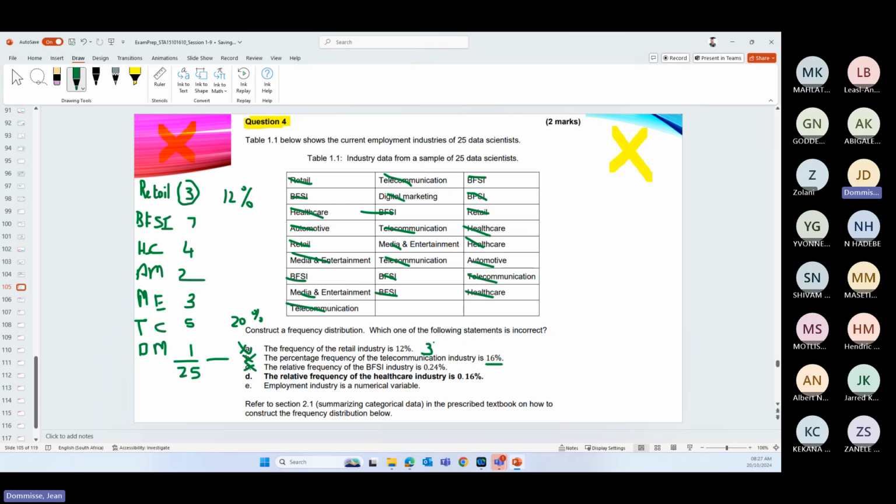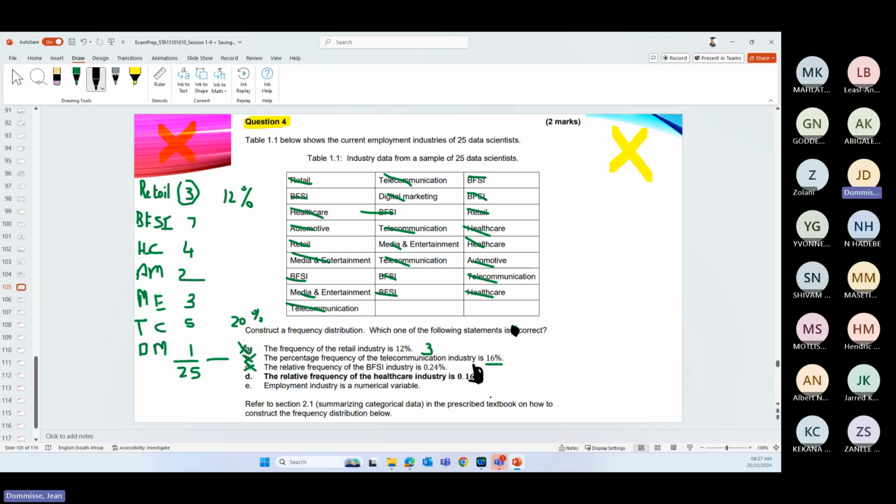Okay, so which one is incorrect? Because, yeah, that's wrong, that's wrong, that's wrong. The relative frequency, but again, it should not have a percentage component, because your relative frequency is just healthcare.